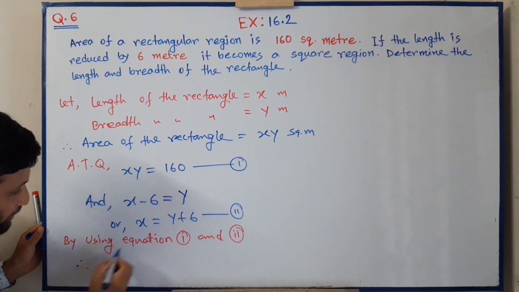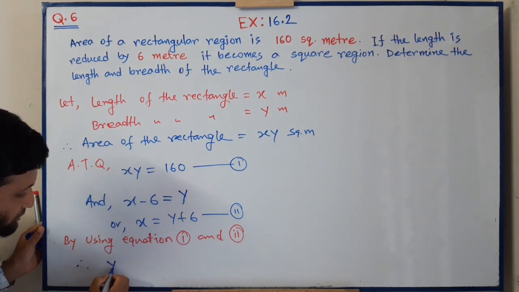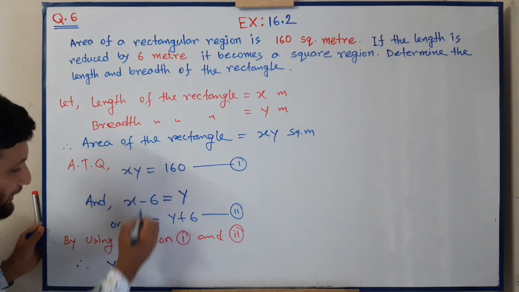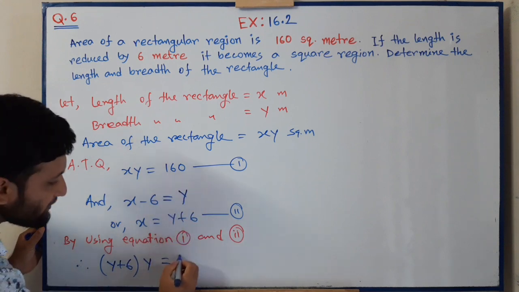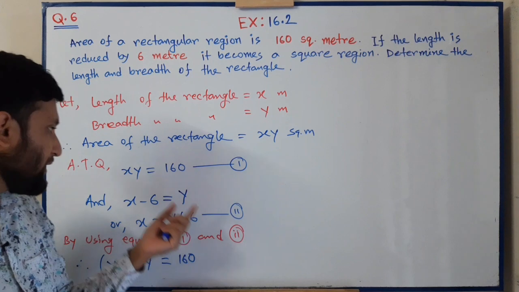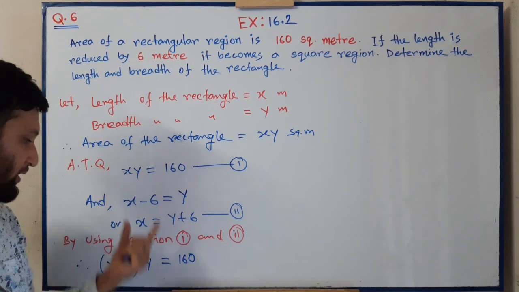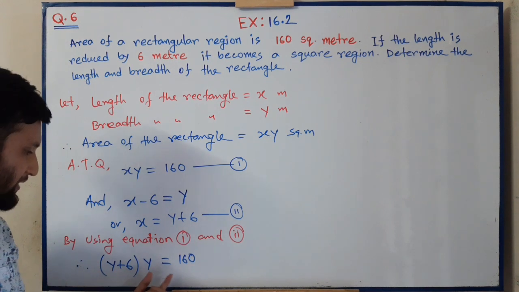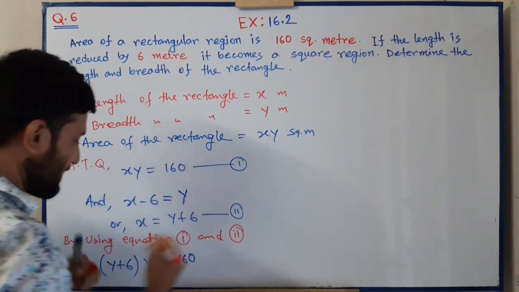Putting the value of x in equation 1, x that means y plus 6, so y plus 6 into y is equal to 160. Okay, now next part calculation.